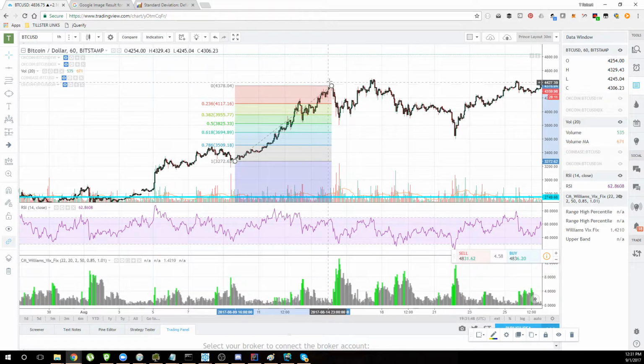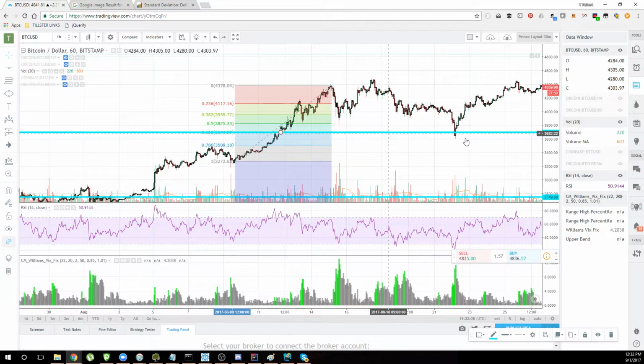After we made this price motion upward, were we able to make a 0.618 retracement? Were we able to come back down 61.8% of the original motion? That would be this line right here.